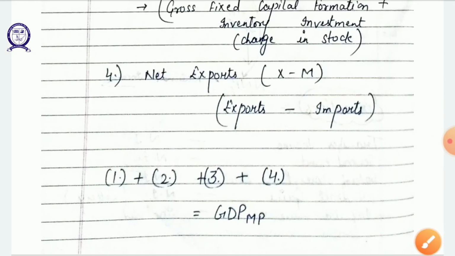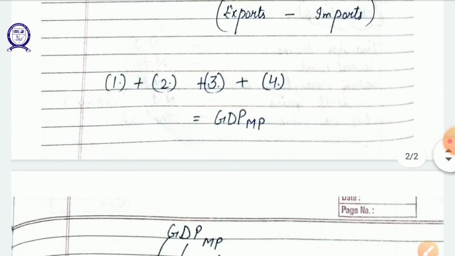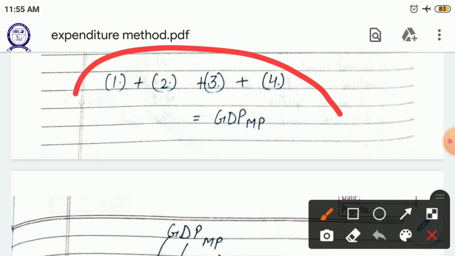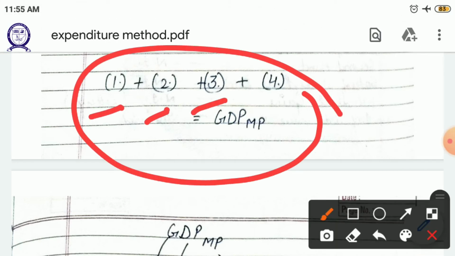Last point, that means the fourth component of your final expenditures, is your net exports. Net exports consists of X minus M, that is exports minus imports. Now we can finalize the statement with a short formula. This formula says 1 plus 2 plus 3 plus 4 is equal to GDP at MP.